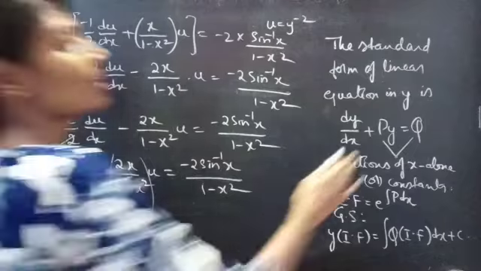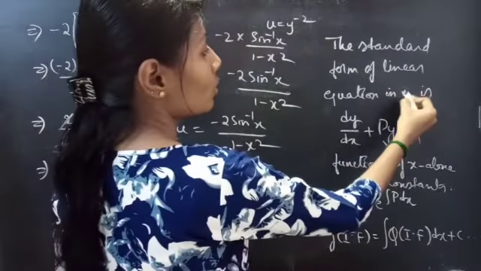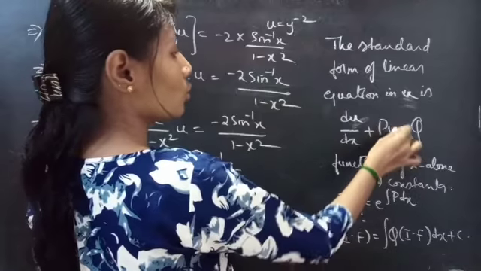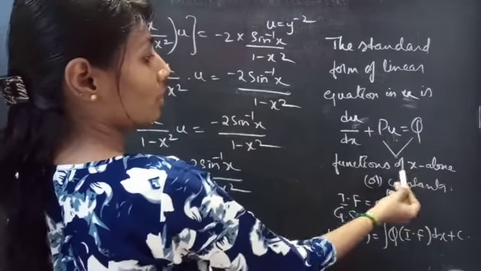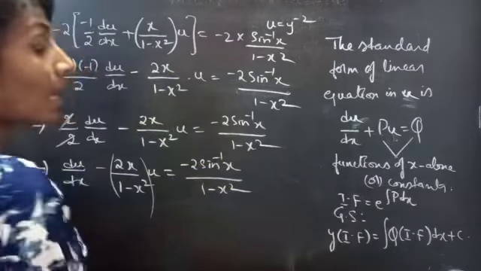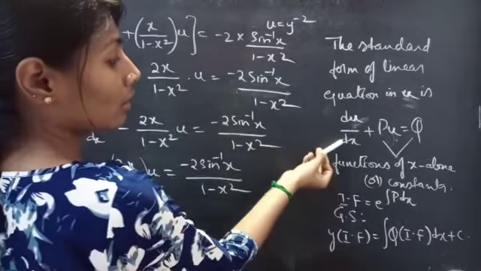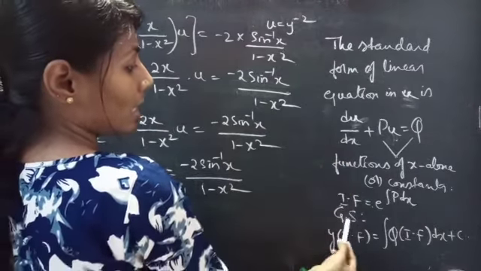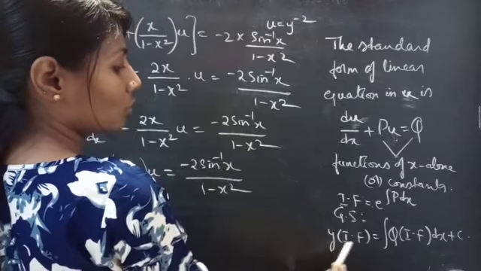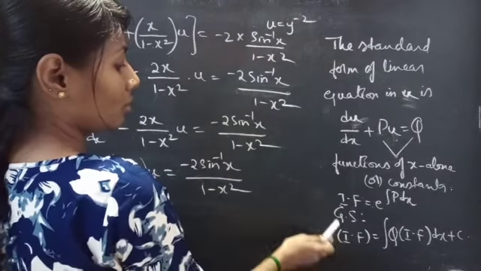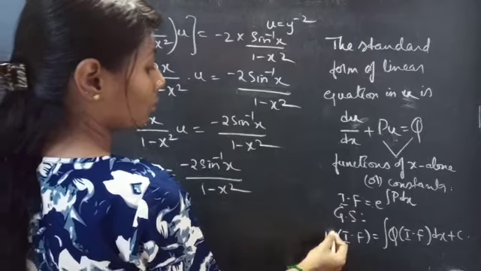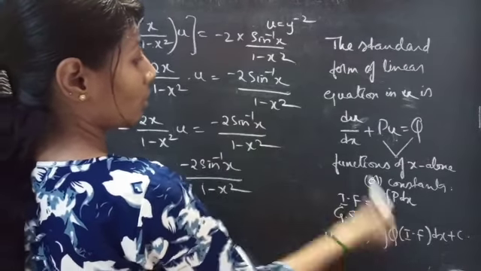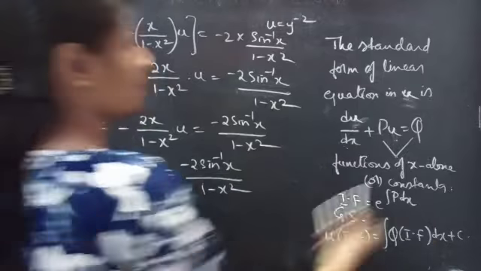We know that the standard form of a linear equation in u and x is du by dx plus P into u equals Q, where P and Q are either functions of x alone or constants, and the integrating factor is e power integral P dx, and the general solution is given by, not y here, here u is the dependent variable, u into integrating factor equals integral Q into integrating factor into dx plus c.